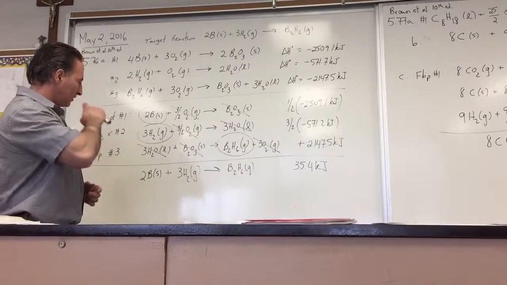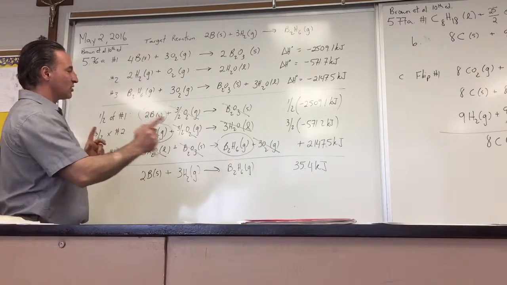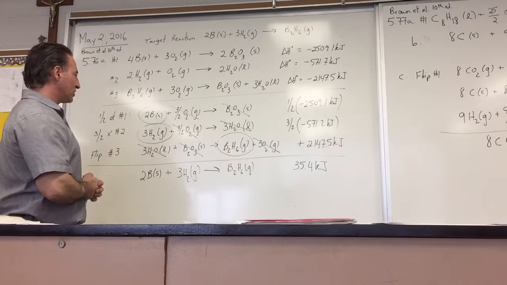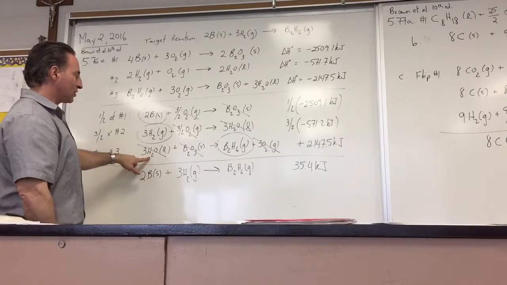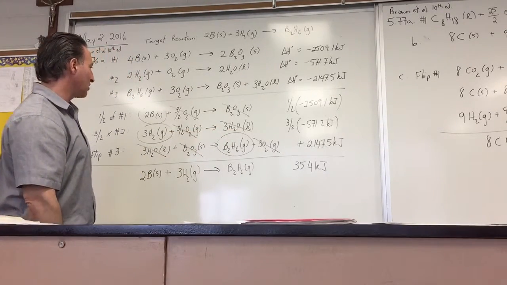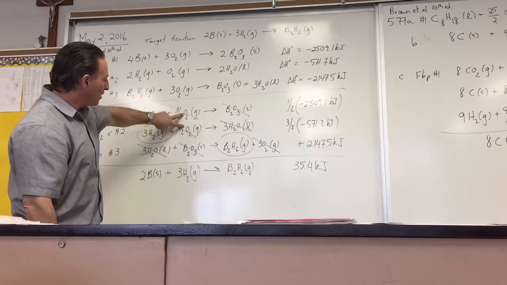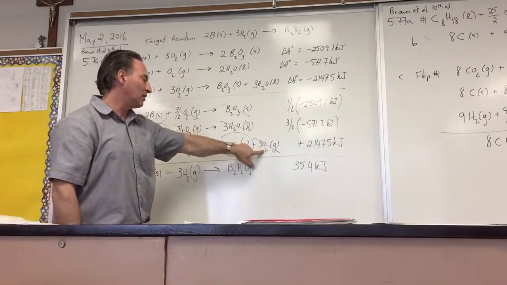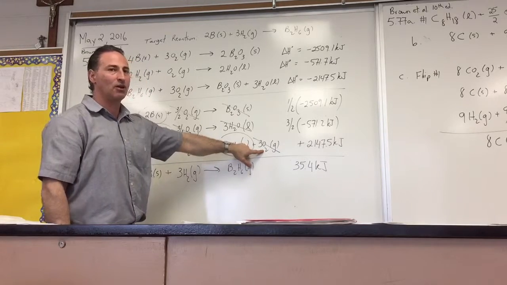Once we've done that, we eliminate everything that appears on either side of the reaction arrow. So we see that there's 3 water molecules on the left, so those are going to be canceled with the 3 water molecules on the right. These 3 oxygen molecules are going to be canceled with the 3 oxygen molecules over there.